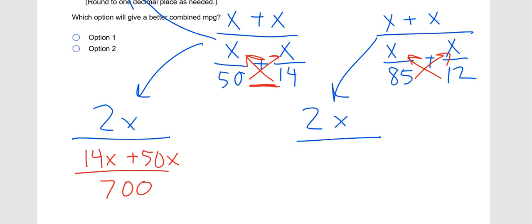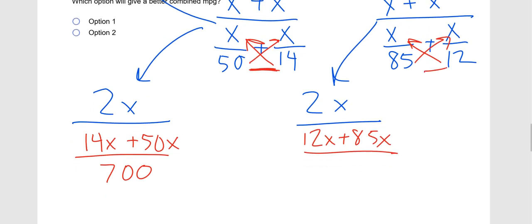12x plus 85x. What's 12 times 85? 12 times 85. What is it? 1020.